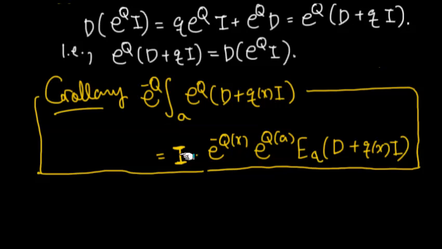So now here's a summary. Finally, if you multiply e to the negative Q on both sides of the operator equation, then you arrive at here. e^Q was here before, but as you multiply e to the negative Q, we arrive at here. So we start from here, d plus qI. If you multiply by e^Q, integrate, and multiply by e to the negative Q, what happens to this entire operator is identity. This is nice.